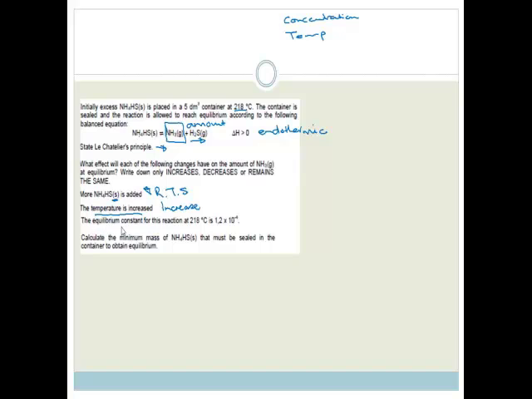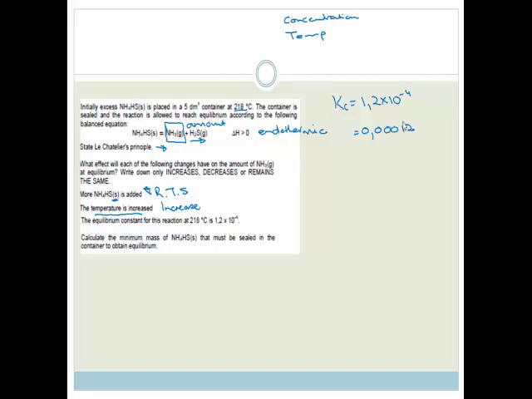Now it says the equilibrium constant for this reaction at 218 degrees Celsius is 1.2 times 10 to the negative 4. So Kc is 1,2 times 10 to the negative 4. So therefore the Kc is 0,00012.